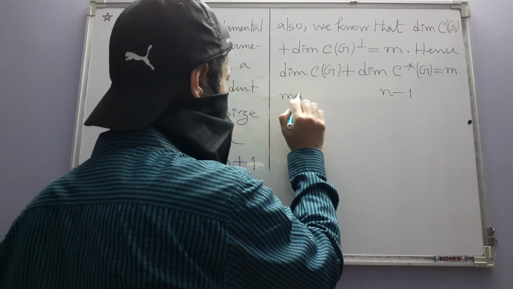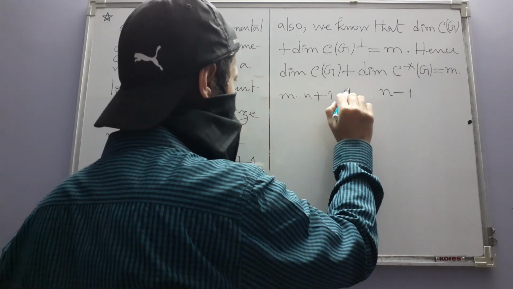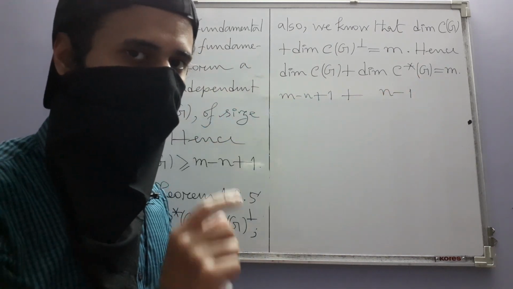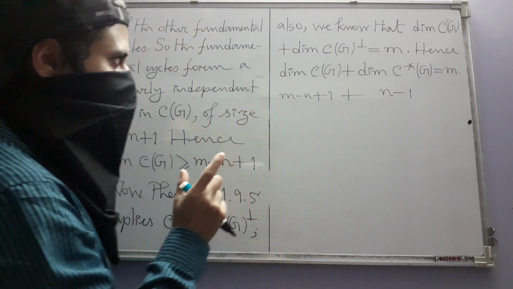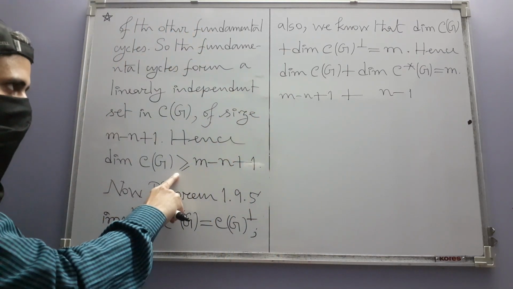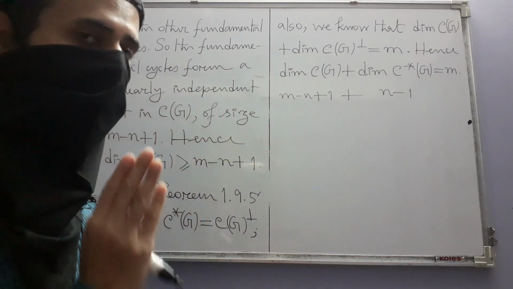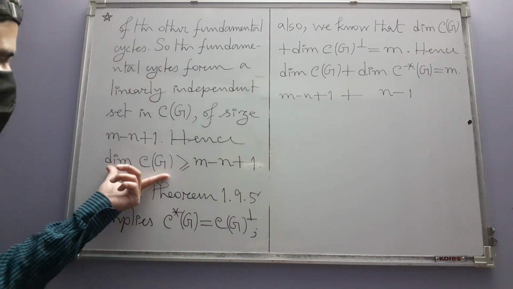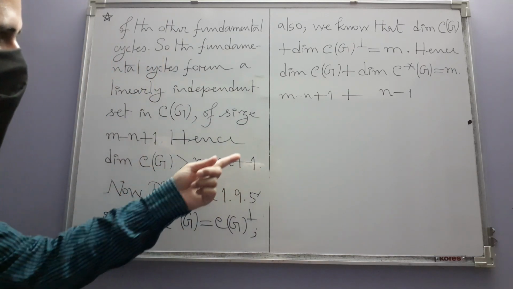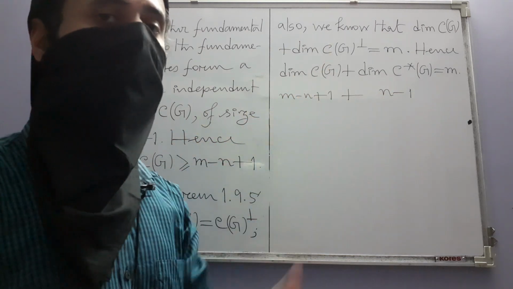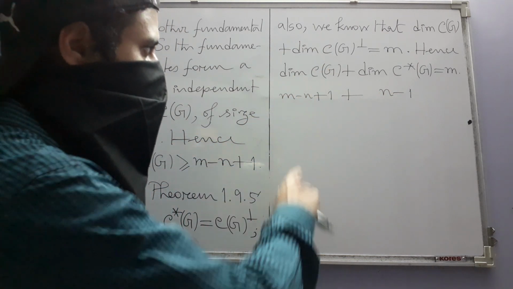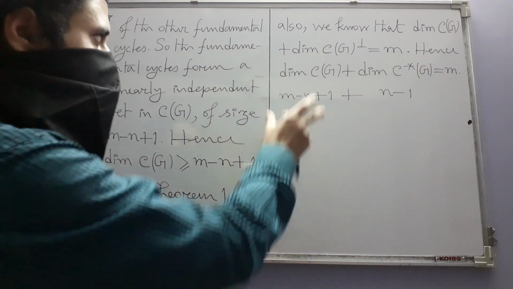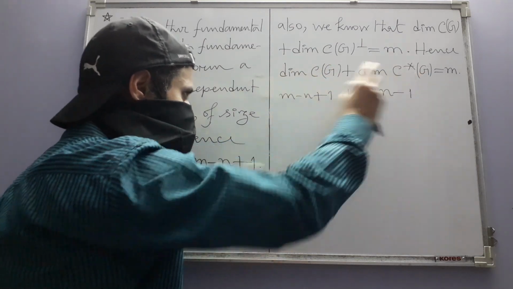But the sum of these two numbers, it turns out, is equal to M. So that leaves us with only one possibility, namely that this inequality and that other one, actually they have to be equalities. Because if any one of them, say this one becomes larger than this, then the sum would exceed M, which is not the case, because the sum has to be equal to M. So this must be equal to this and this must be equal to this.